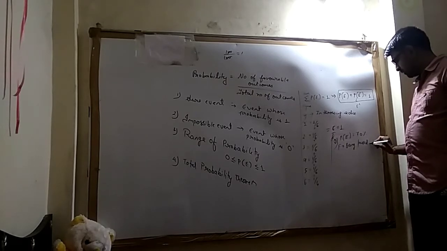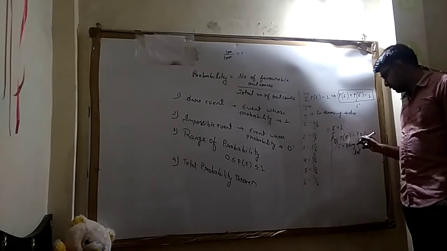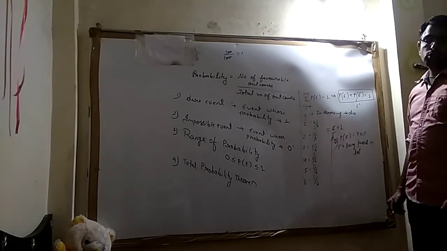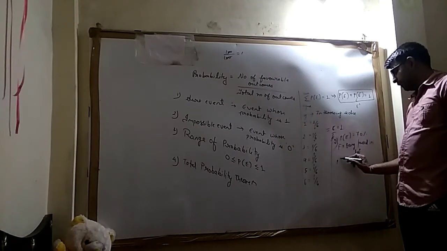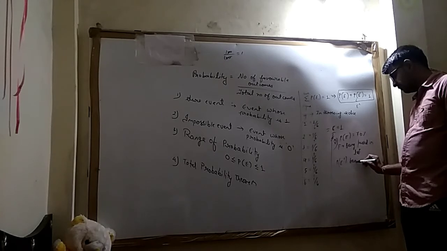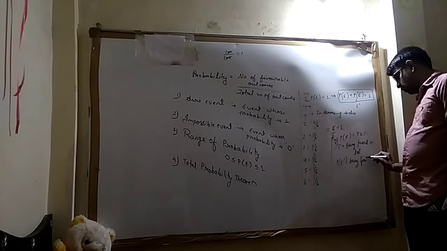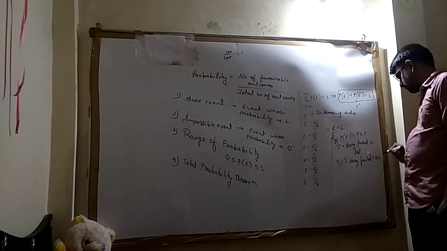Being passed in test. टेस्ट में पास होने के चांसेस कितने? 70%. So you have to find the probability of being failed. How much will it be? Simple, 30%.